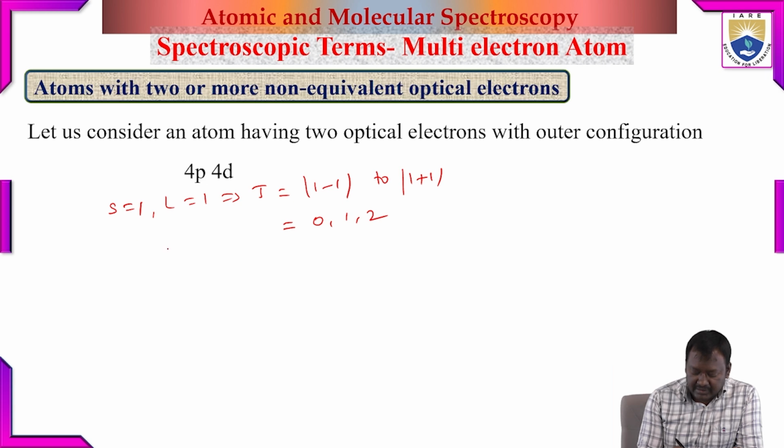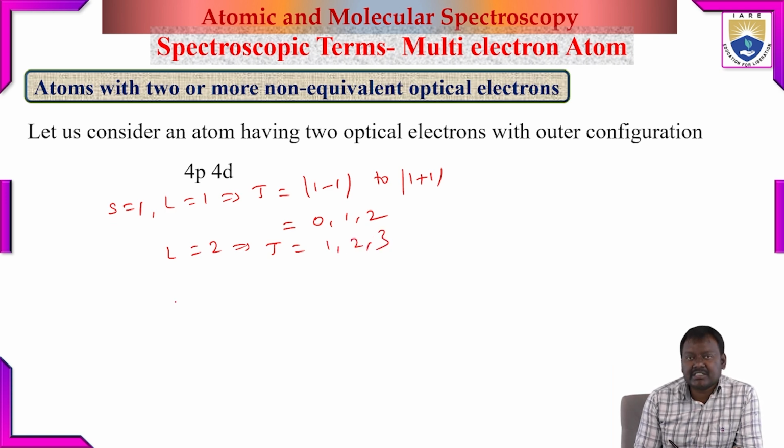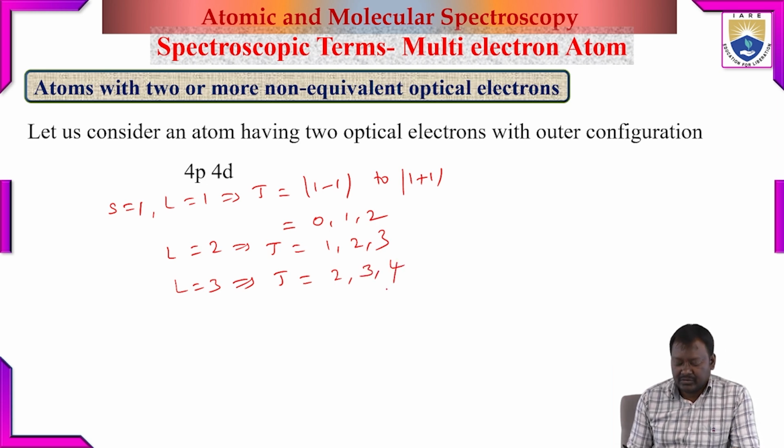When L equal to 2, J values are 2 minus 1 to 2 plus 1, that means 1, 2, 3. And when S equal to 1 and L equal to 3, J is 3 minus 1 to 3 plus 1, that means 2, 3, 4.